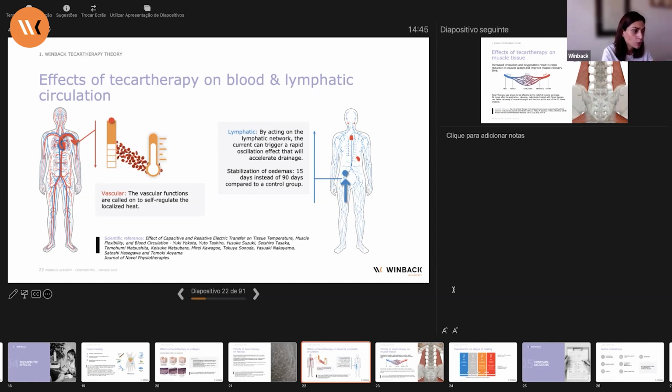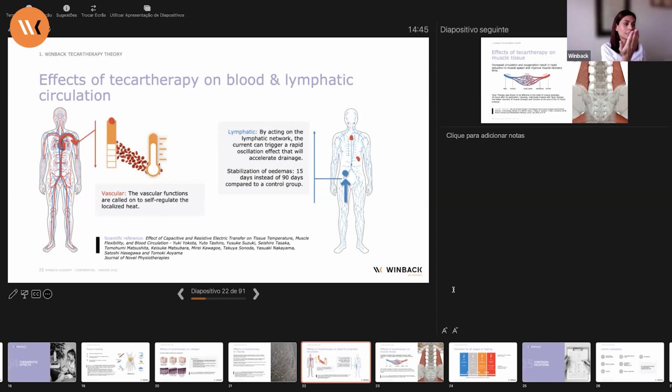On the lymphatic way, when we work on the lymphatic network, the current can trigger a rapid oscillation effect that will accelerate the drainage. So with the heating process, we work on the viscosity of the lymph, and when the viscosity goes down, we just lightly pump it and it goes quicker.